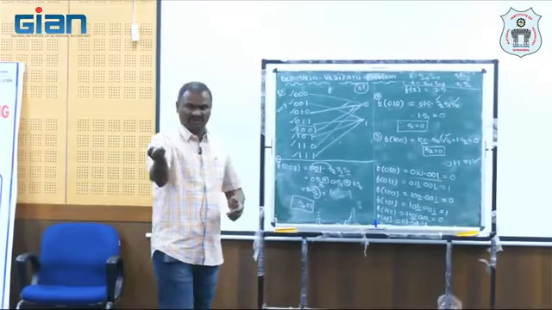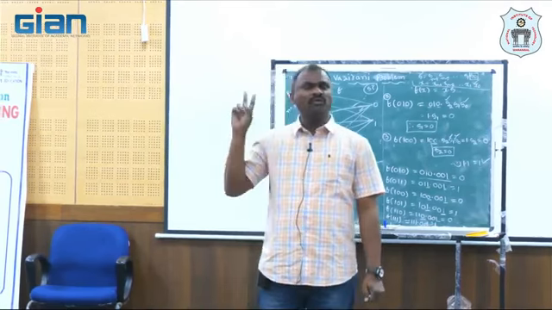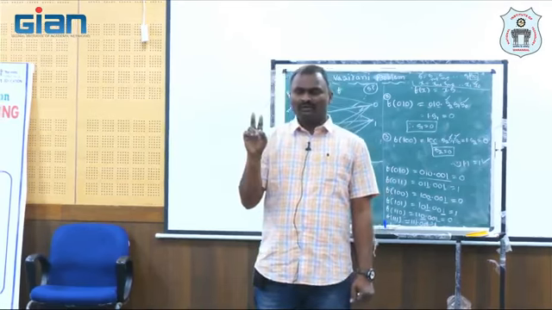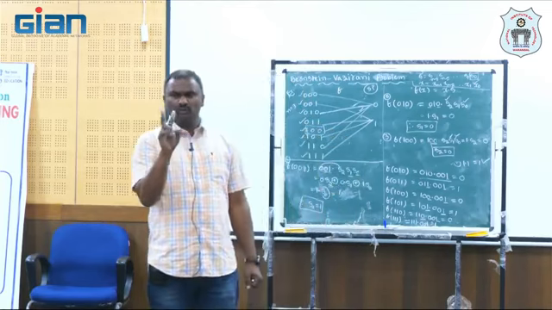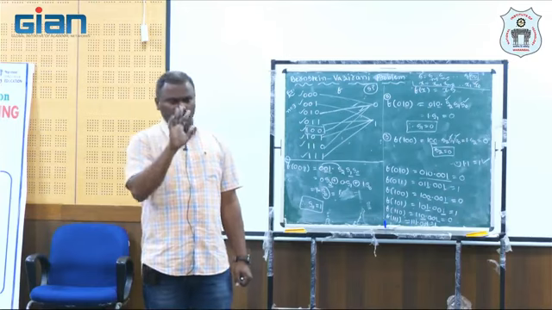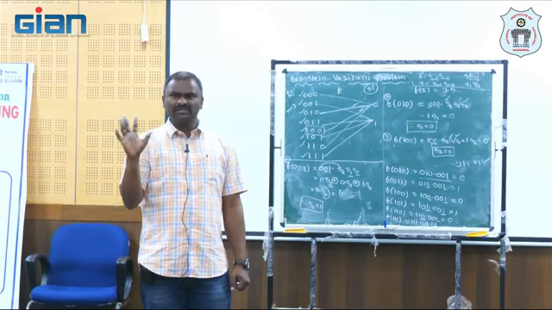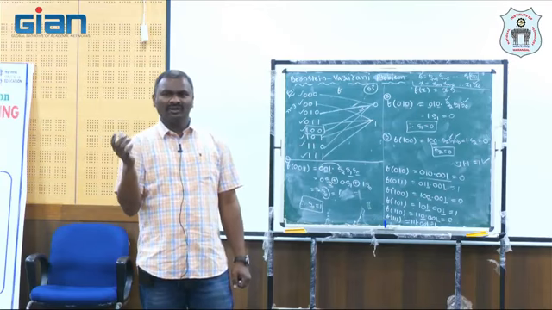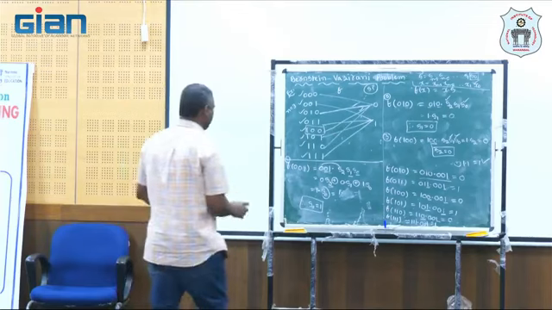There are functions. For example, if n equals 2, how many different functions are there with two elements on both sides? How many? Okay, let me ask the question this way.